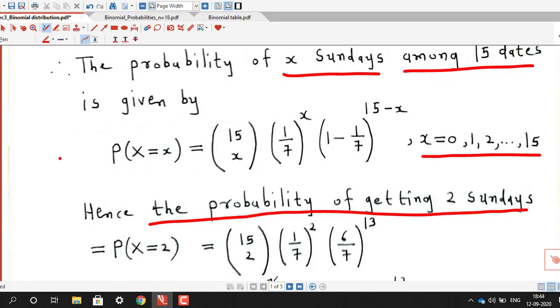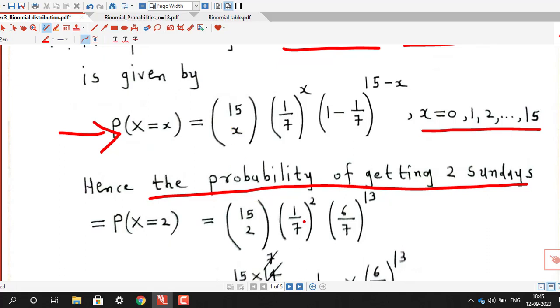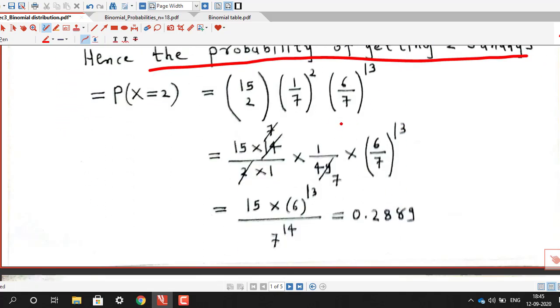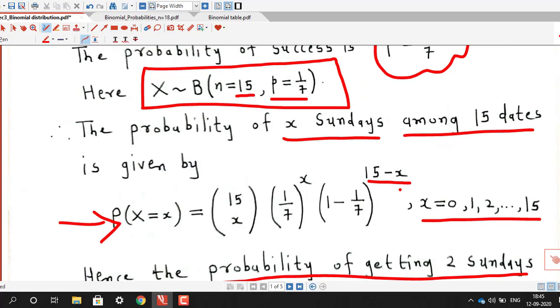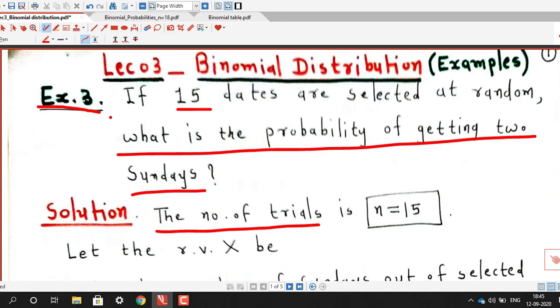So we put x equal to 2 and we obtain 15C2 (1/7)^2 (6/7)^13, where 15 minus 2 is 13. After doing the calculations we obtain the required probability to be 0.2889. So this is also an example in which we can use the binomial distribution formula to find the required probability.